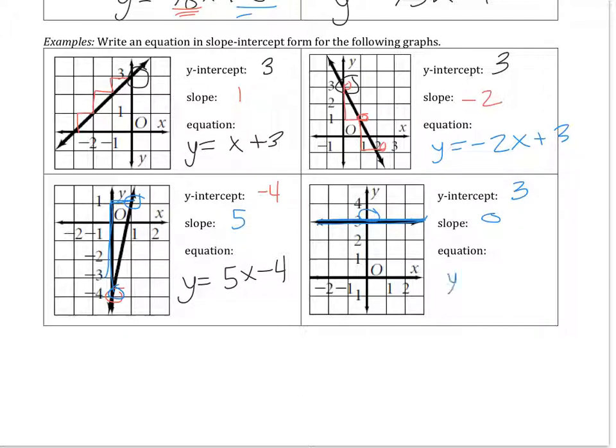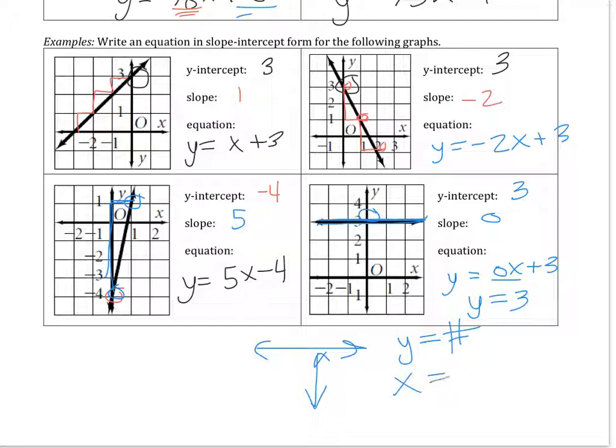So my equation is y equals 0x plus 3, but the 0 and the x cancel out to be 0, so the equation is y equals 3. So in a horizontal line, the equation is going to be y equals a constant number, and a vertical line is going to be x equals a number.